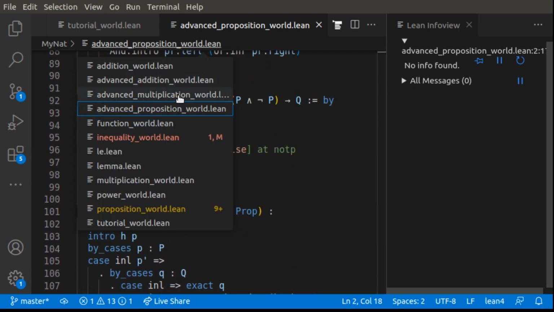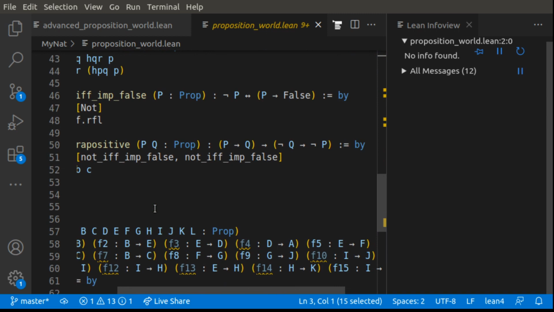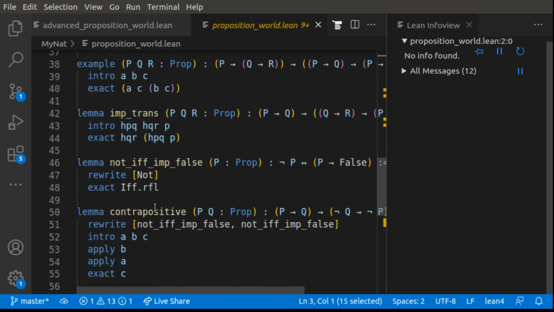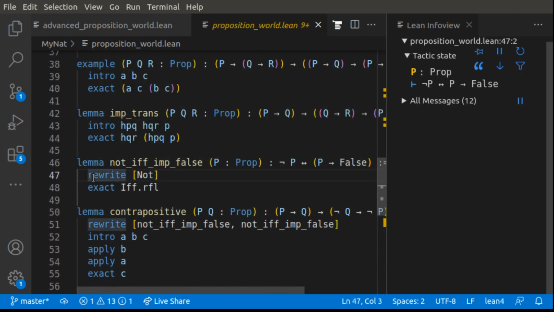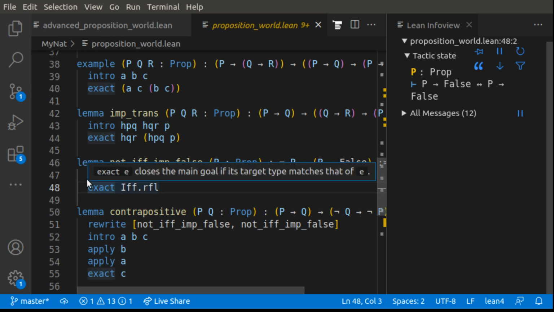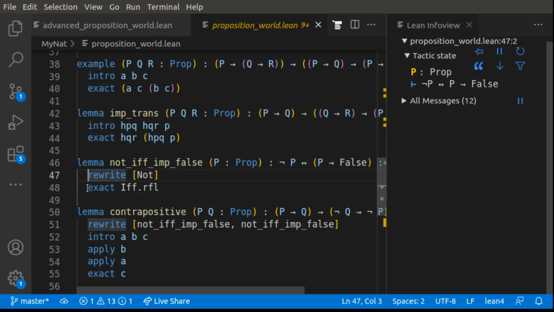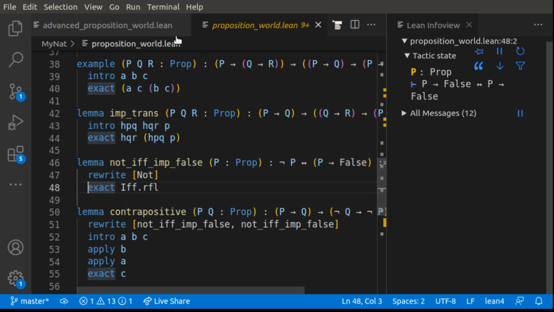Let's look at our regular proposition world. Rewrite not. What do we do here? Went from this to this. No, it's not quite what we want.